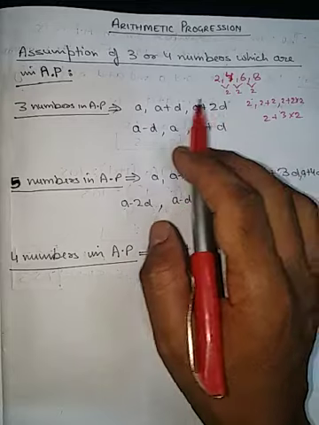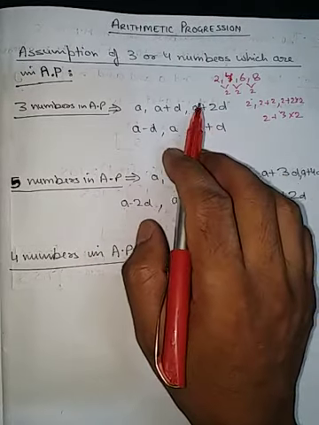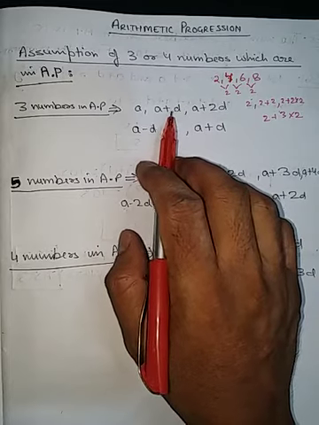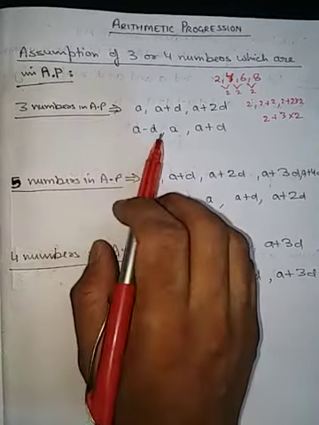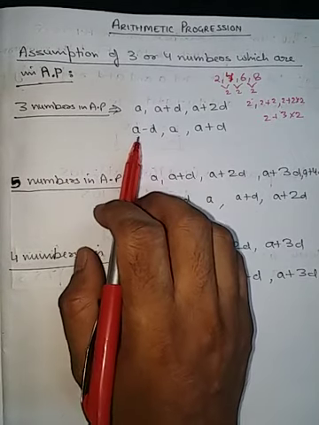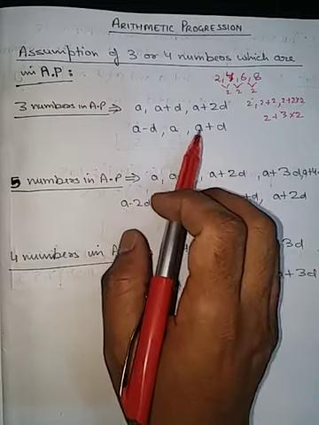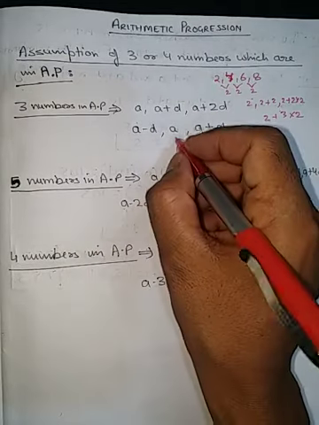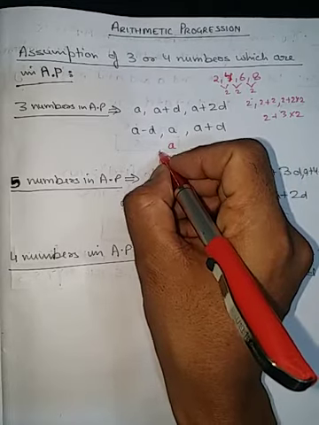But this way sometimes the calculation is complicated. So how to reduce that complication? Whenever you are asked there are three numbers in AP, then we assume it like this. The first number is A minus D, next is A, next is A plus D. How we are taking it? Let the middle number be A. So the previous number will be what?